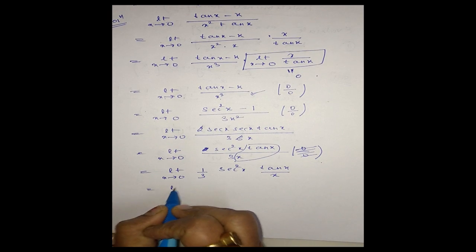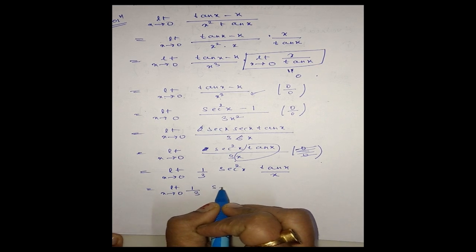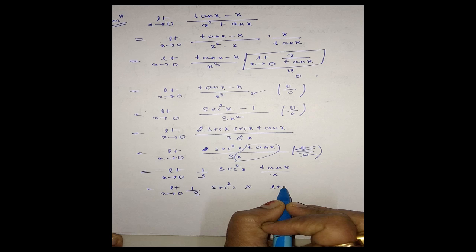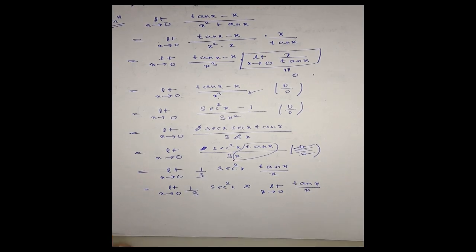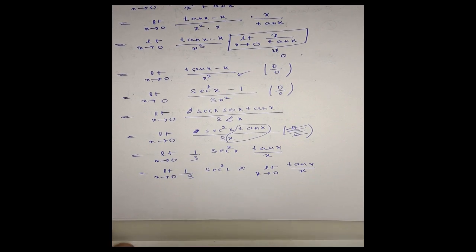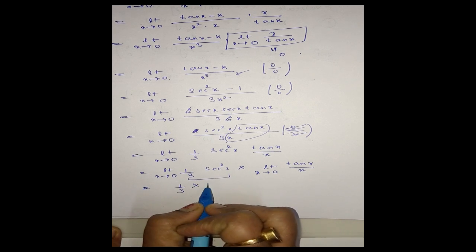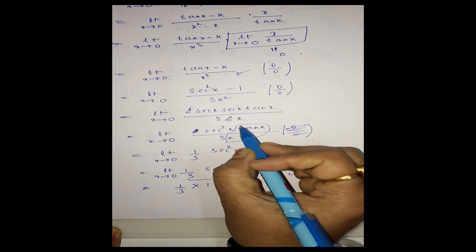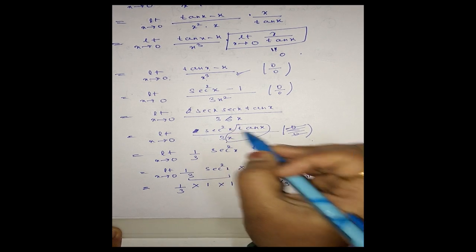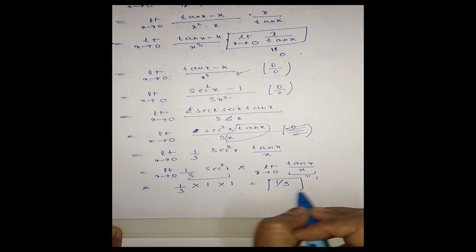I can write this in this form: the limit as x tends to 0 of 1 by 3 secant square x into the limit as x tends to 0 of tan x by x. That means on taking limit, this will be 1 by 3 into 1, and this limit is also equal to 1. That means 1 by 3. We can separate the limit in this form. Then the answer is 1 by 3.